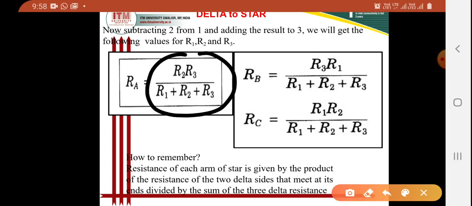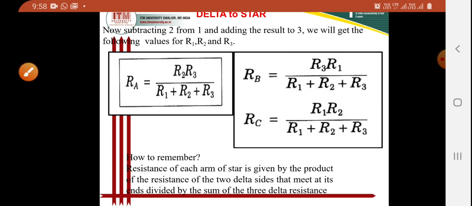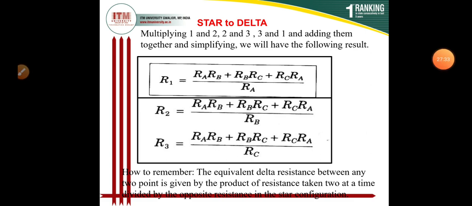When we are finding the star connection resistances from delta, we have to use these formulas: RA is equal to this, RB is equal to this, and RC is equal to this, for delta to star conversion. Similarly, we can talk about star to delta conversion.